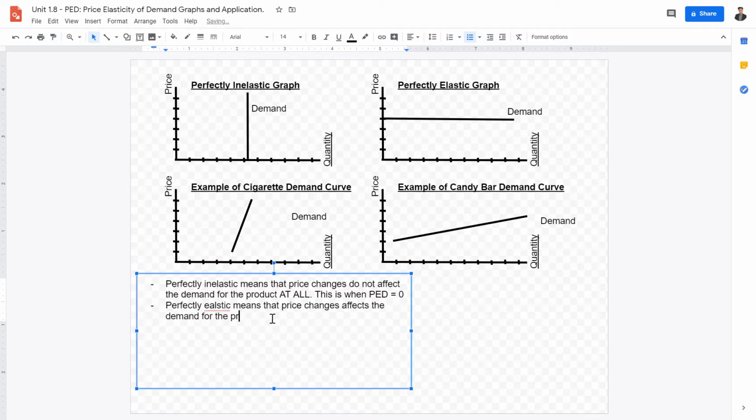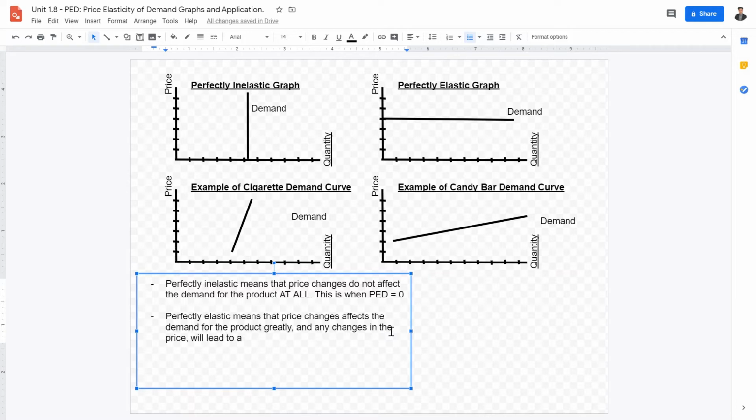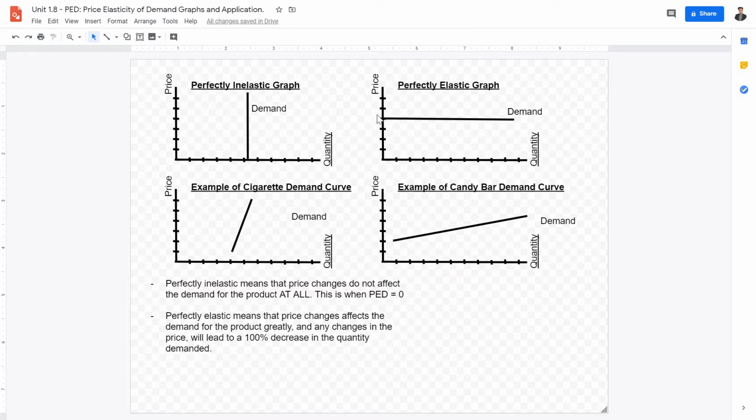Perfectly elastic means that price changes affect the demand for the product greatly, and any changes in the price will lead to a 100% decrease in the quantity demanded.